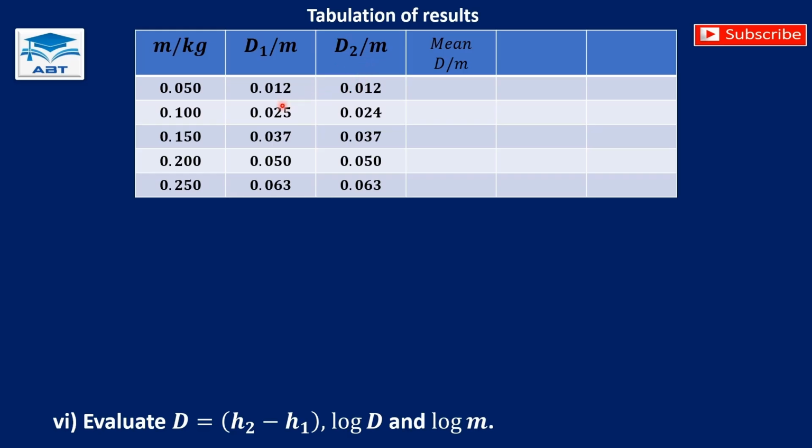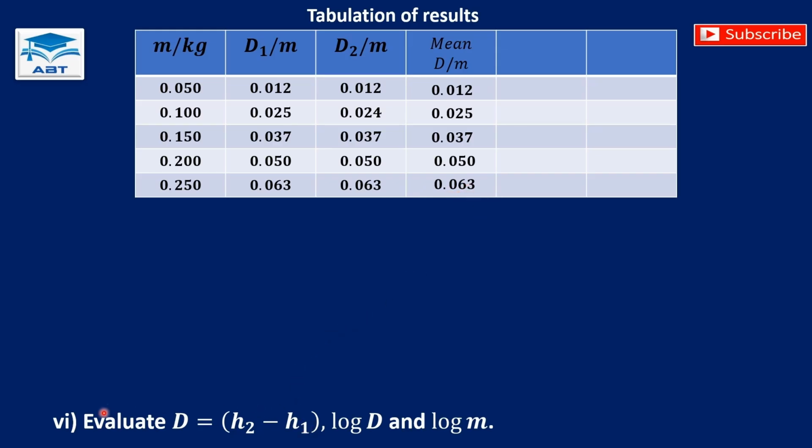So 0.012 plus 0.012 divided by 2 is still 0.012, and 0.025 plus 0.024 divided by 2 is 0.025 to 3 decimal places. The average of these two values is 0.037, this one is 0.050, and this is 0.063.